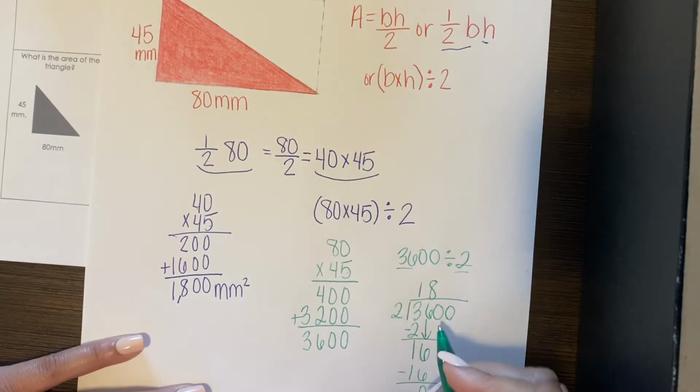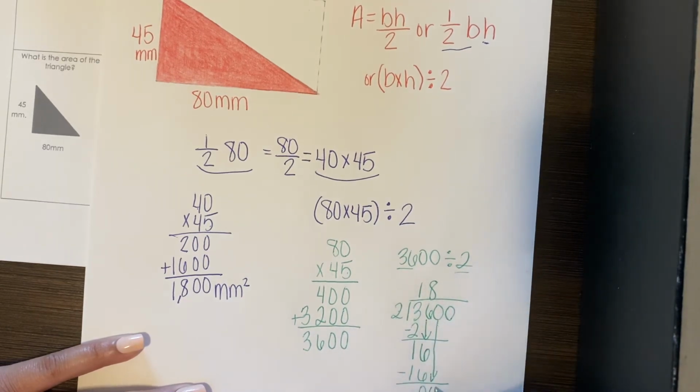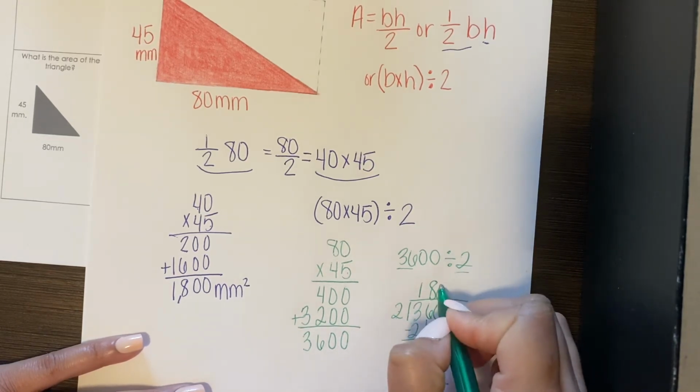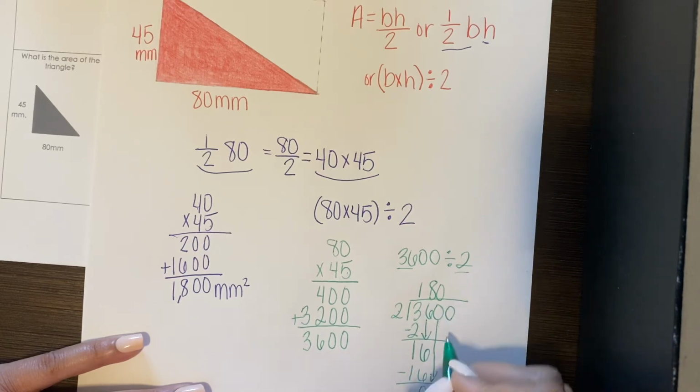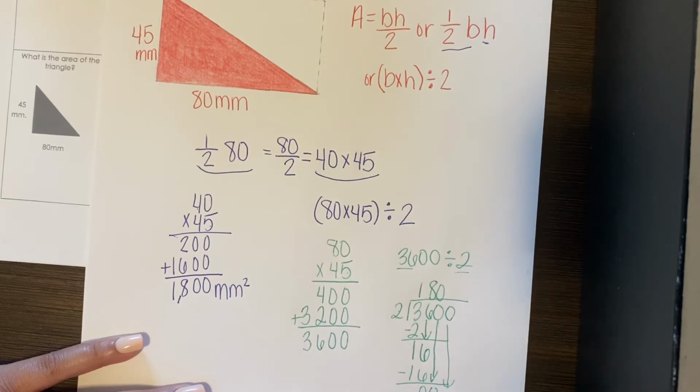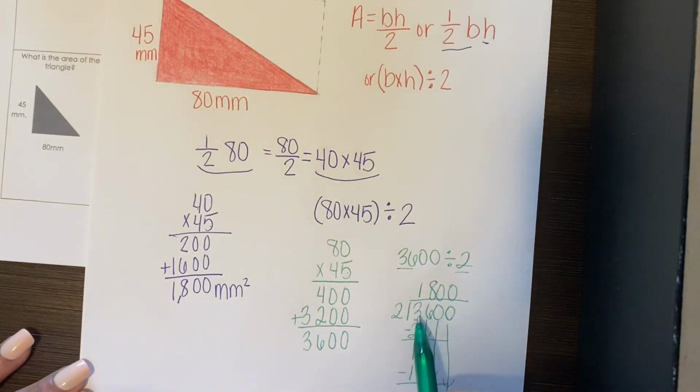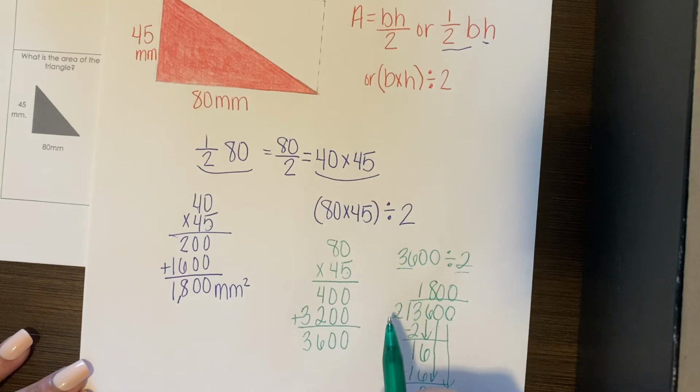Subtract. You have 0. Bring down your 0. 2 goes into 0 0 times. Subtract that 0. It leaves you with 0. You bring down that next 0. It's going to end up being 0. So 3,600 divided by 2 is 1,800. And that is your area for just the triangle.